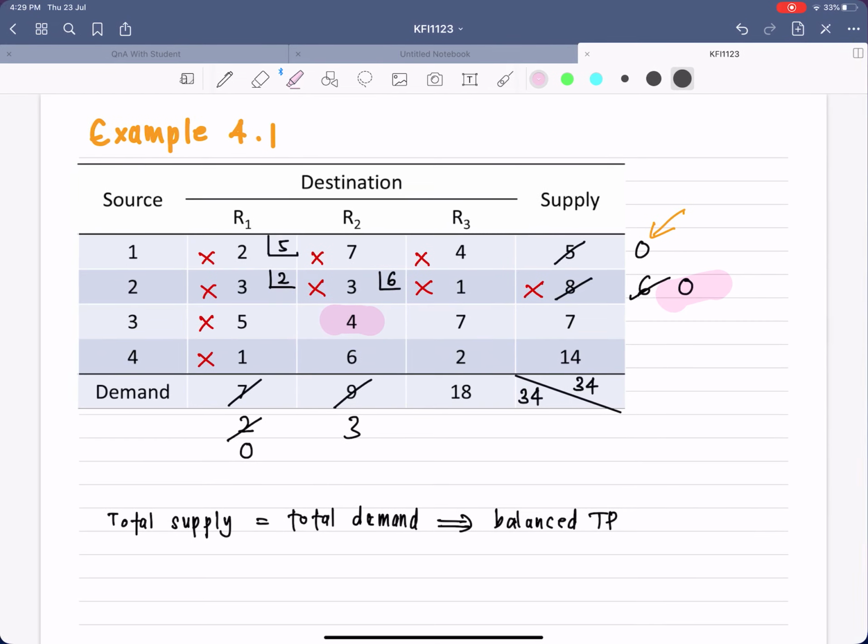And you have to refer to this value and this value, 3 and 7. 3 is less than 7, so we will allocate 3 here. So 3 minus 3 is 0. 7 minus 3 is 4.